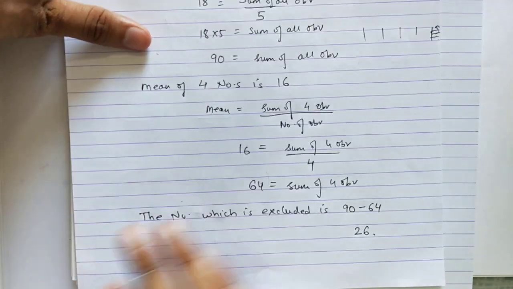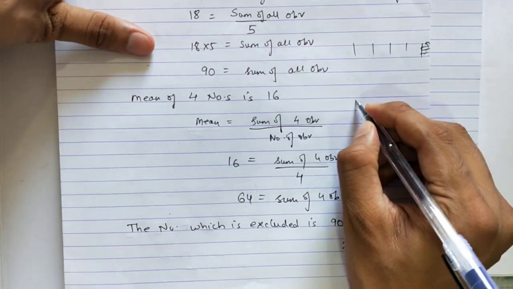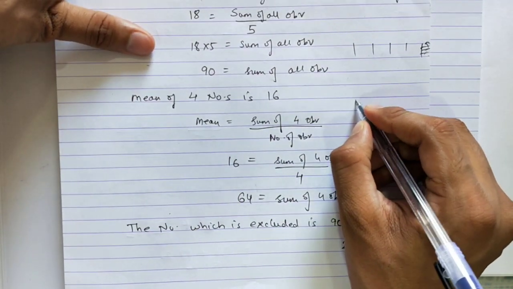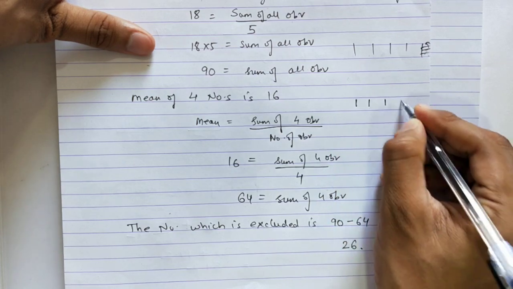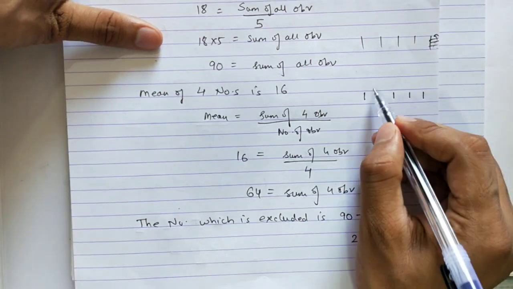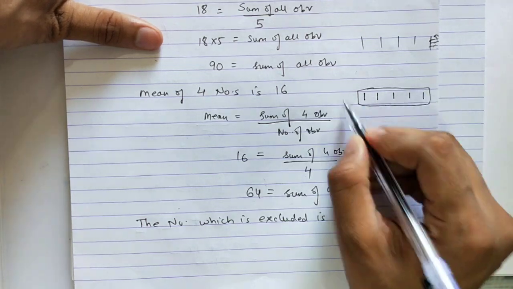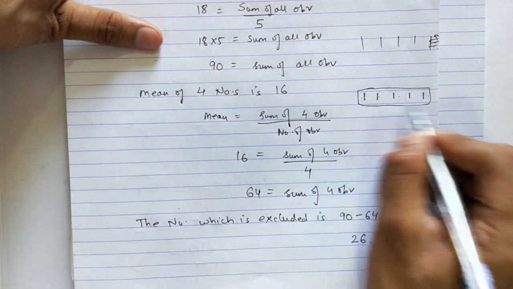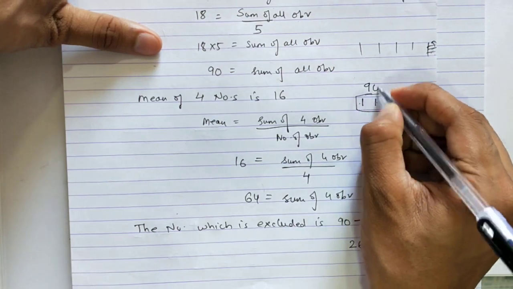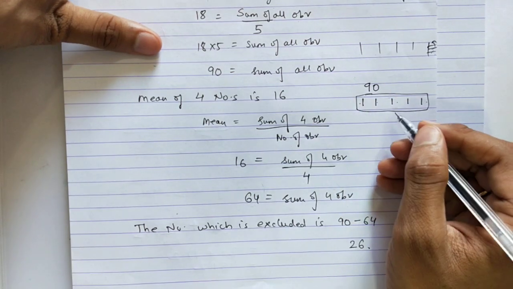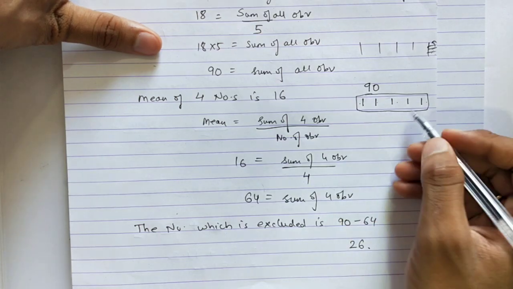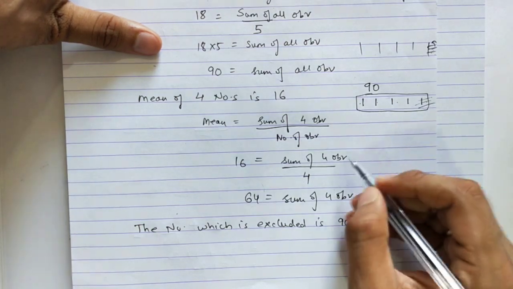Okay, see, I'll explain it like this. If there are 5 numbers, let's say 1, 2, 3, 4, 5. The total value of these 5 numbers, when I add all these numbers, I get total as 90. Then they are saying one number was excluded. So let's say this one number was excluded.